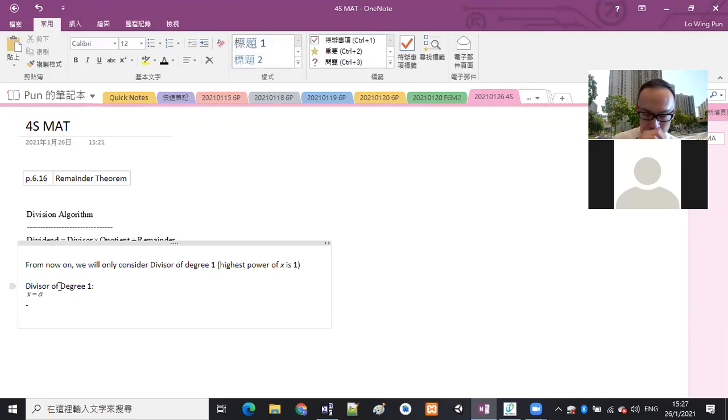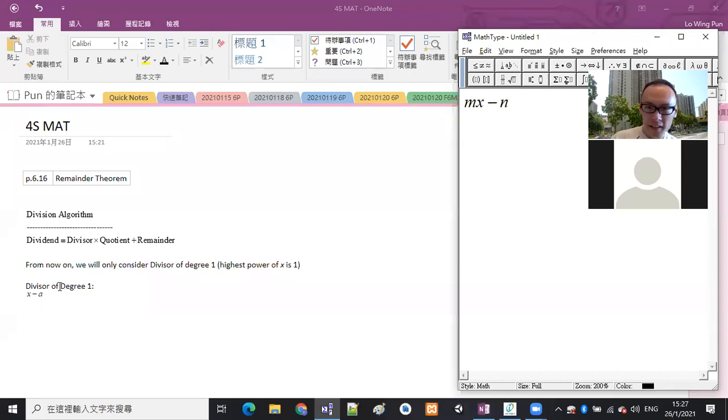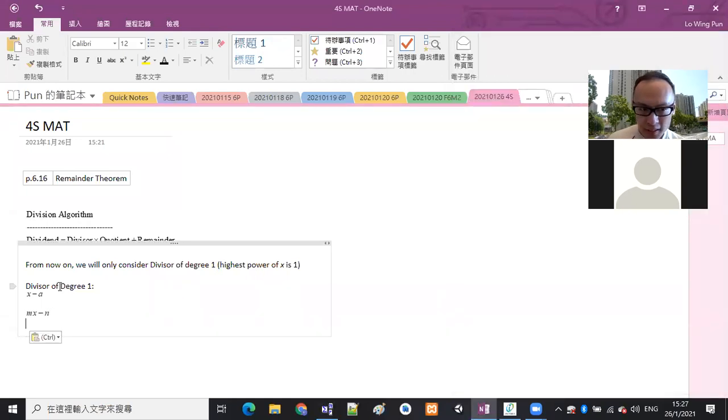The second type is like this: mx minus n. It is also degree 1. The only difference is that the coefficient of x is not necessarily 1. If m is 1, it becomes the first form. If m is not 1, it must be this form.